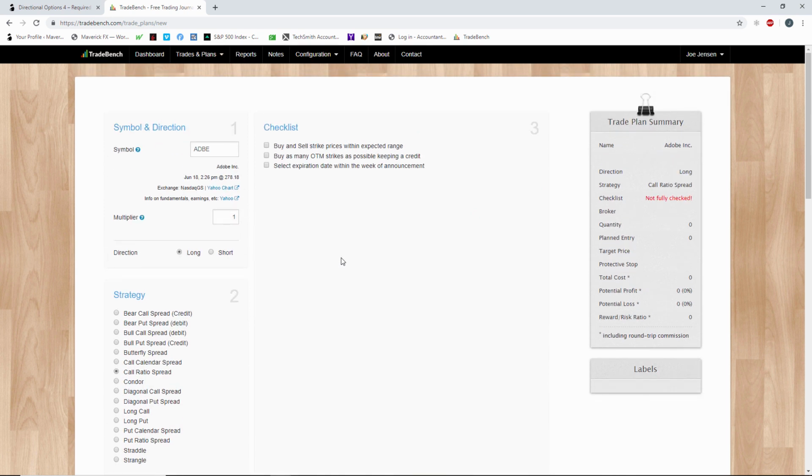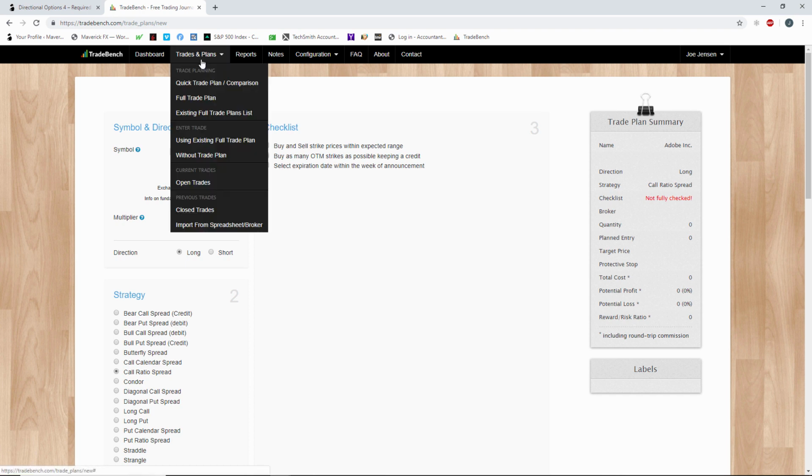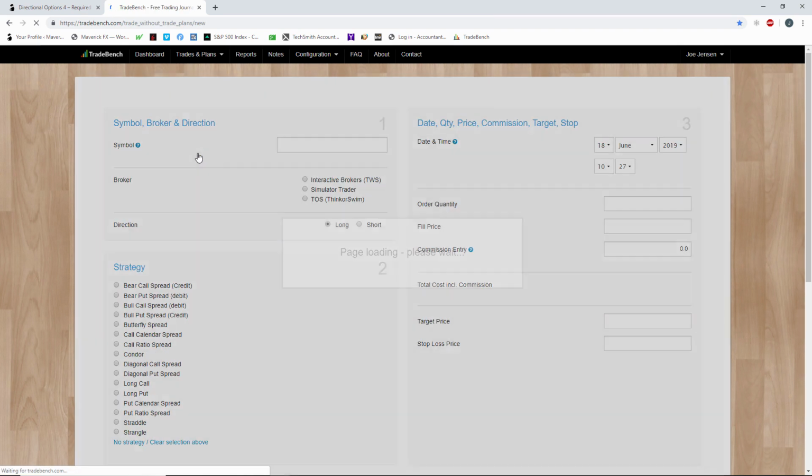So what I've done is I've just superseded it and said, look, keep your checklist written to your side, make sure that you're following your own rules, and let's just go ahead and do it without a trading plan. Now keep in mind, guys, the Tradebench is to journal trades. The Tradebench isn't to help predict or evaluate or compare.